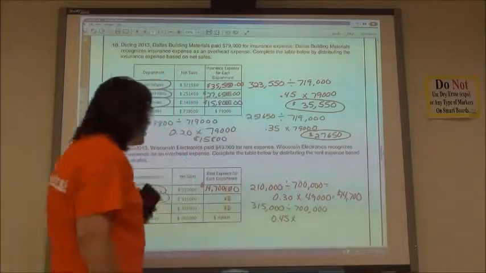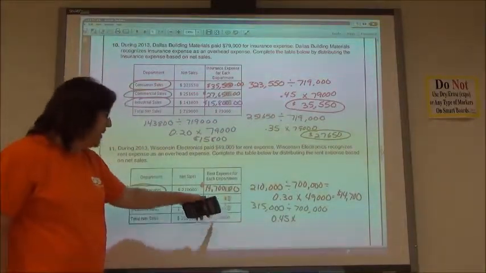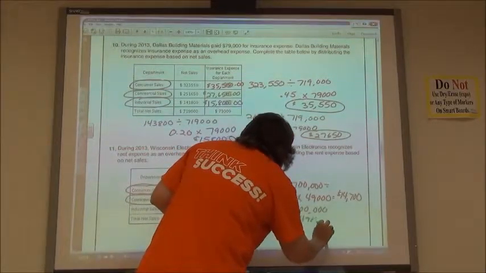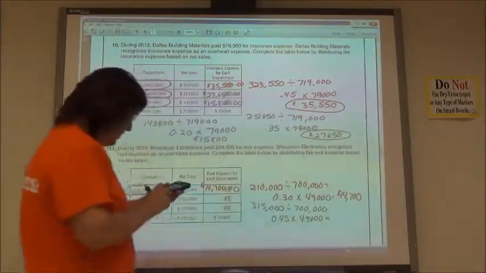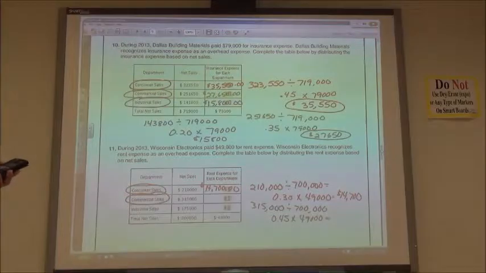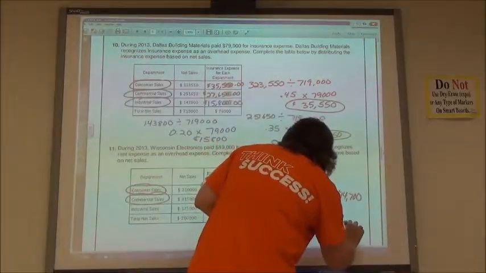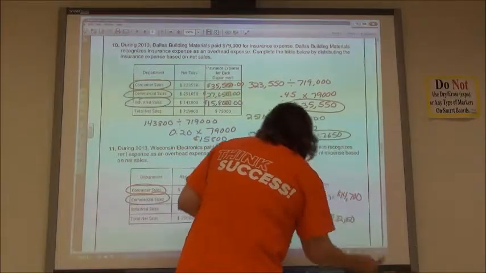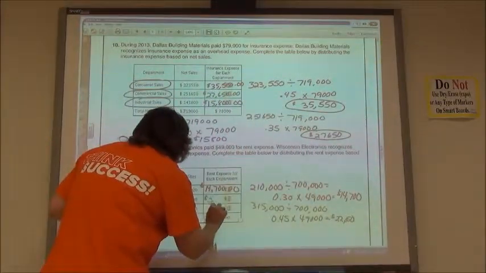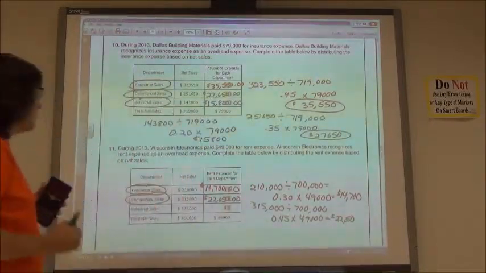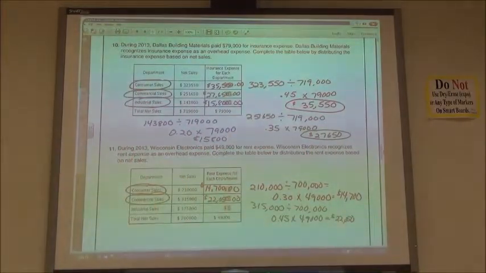So we're then going to charge 45% of our rent expenses to the commercial sales. So 45% of our 49,000 is $22,050. $22,050 going to be the amount that we charge to the commercial sales department.